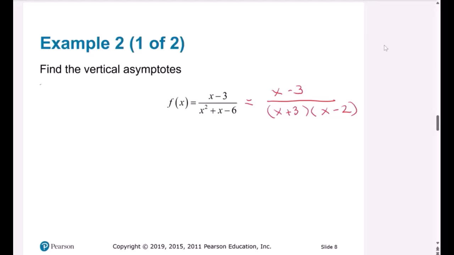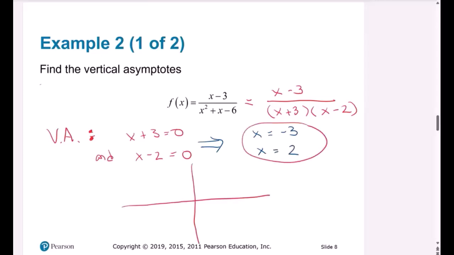That means my vertical asymptotes, and I'm just going to abbreviate it, VA, is where the denominator, x plus 3 equals 0, or x minus 2 equals 0, which means that I have vertical asymptotes at x equals -3 and x equals 2. If I wanted to put in these vertical asymptotes, I would have one at 2, I'd have one at -3, and they would just be these dotted lines, similar to an open circle on a number line. And those are the vertical asymptotes.